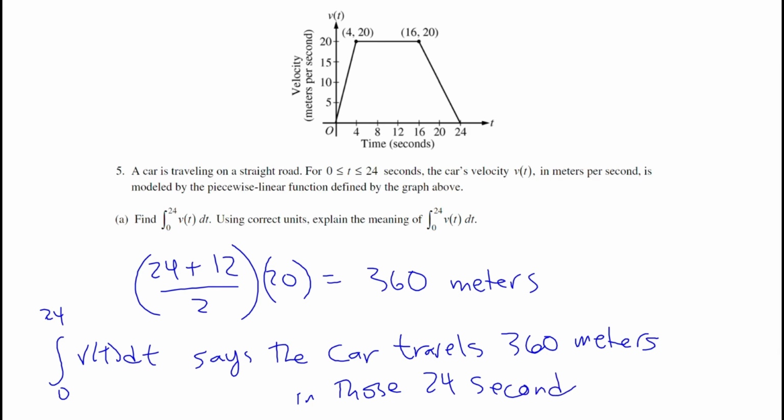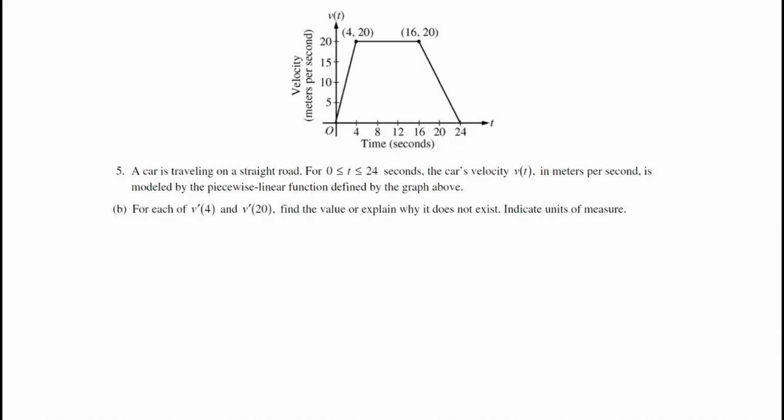And make sure you have units on both things there, because it does say with the correct units. You got 1 point for the answer and 1 point for the explanation with the units.